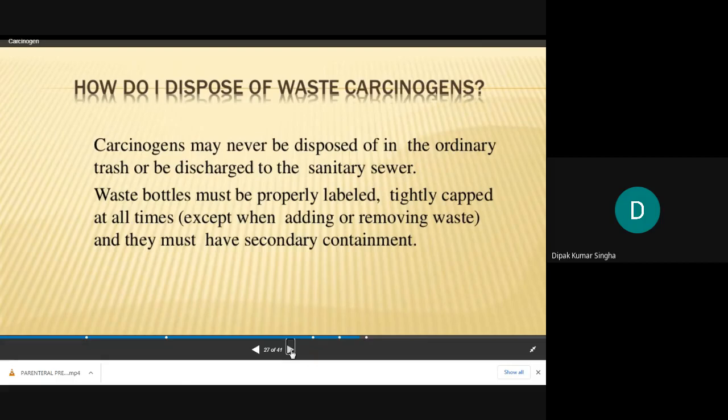The waste bottle must be properly labeled and tightly capped at all times except when adding or removing waste, and they must be in secondary containment. If laboratory waste material is disposed of through the sanitary sewers, it is not only exposed in the environment, it will also produce carcinogen exposure for other persons.